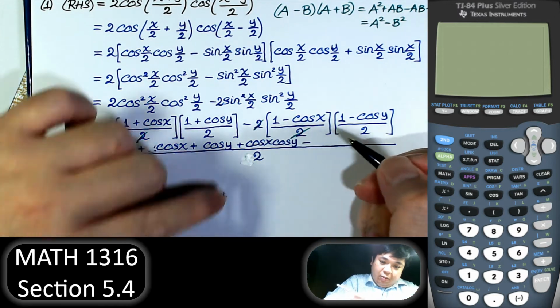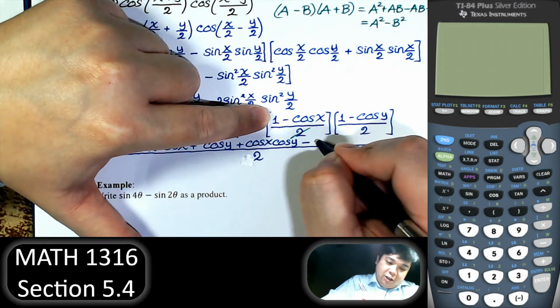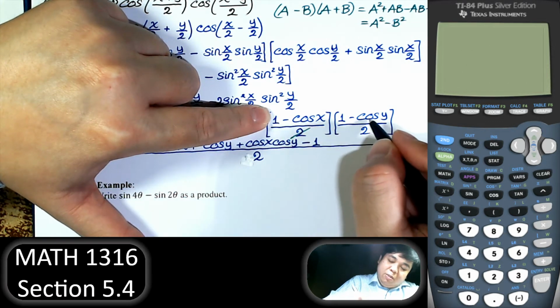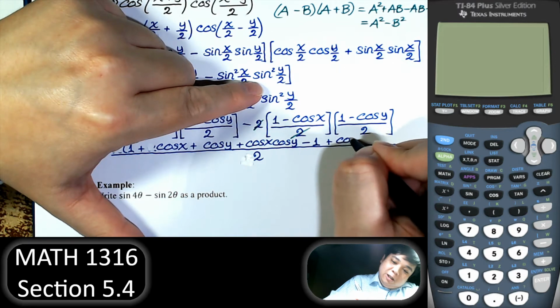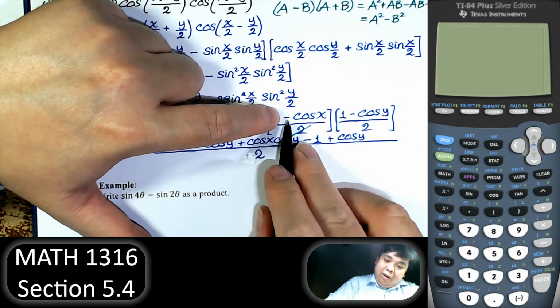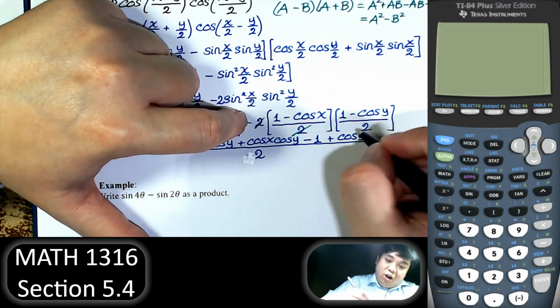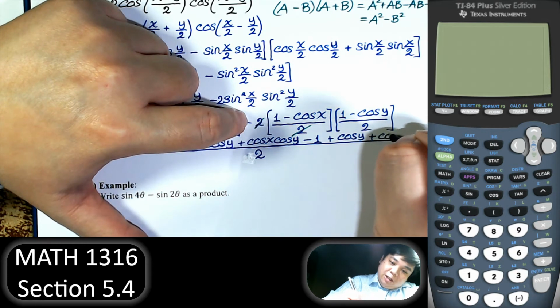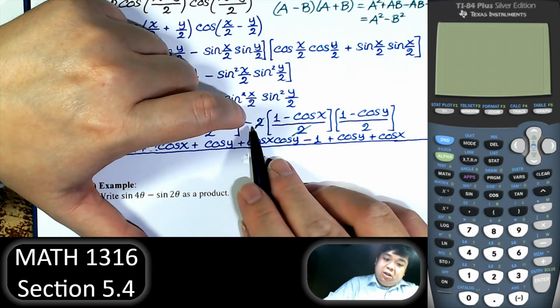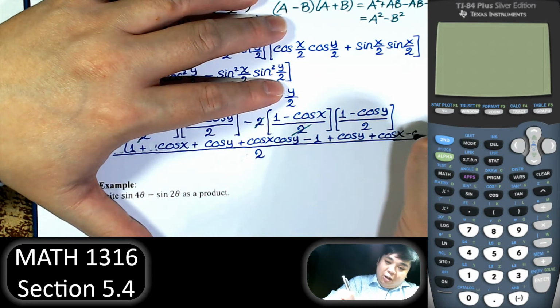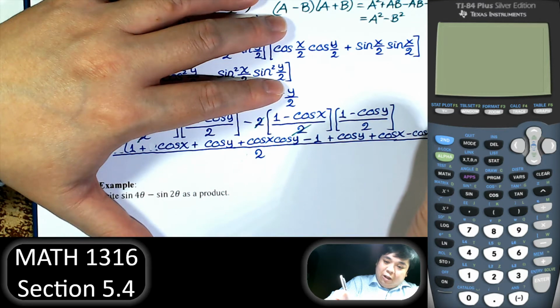Next, minus 1 times 1, minus cosine, minus negative cosine plus. Minus 1 is minus, with another minus is another plus. And minus minus cosine plus with a minus, so minus cosine y.